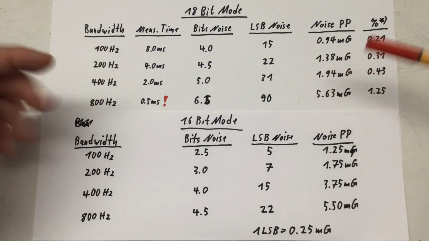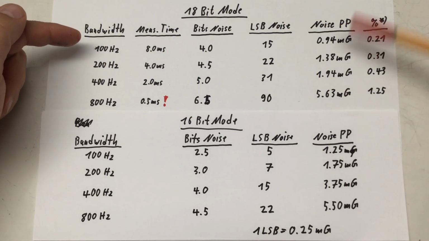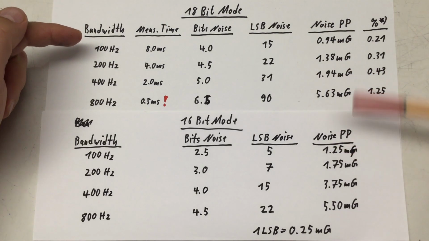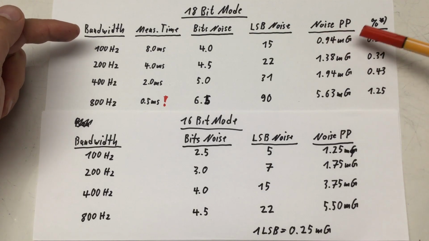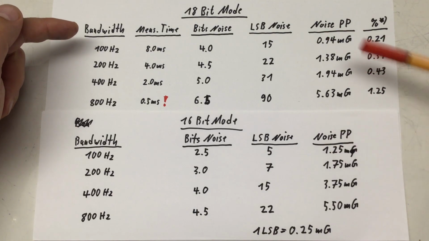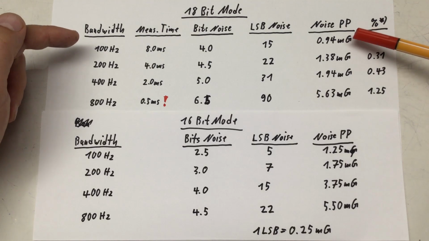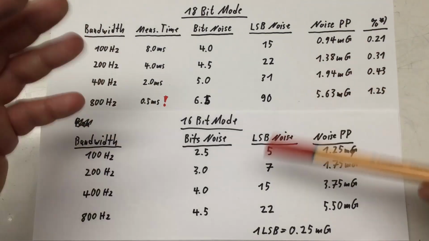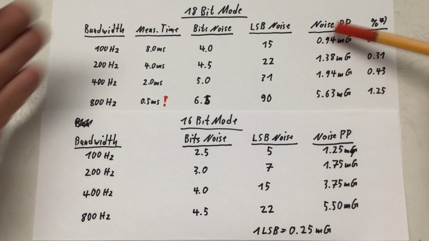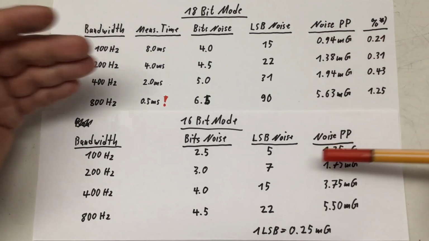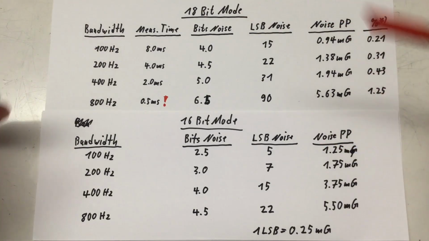Yeah, that was in 100 Hertz mode, not really visible, that difference between 0.94 milligauss and 1.25 milligauss noise, but noise is a fickle mistress. And we have definitely more noise in 18-bit mode.